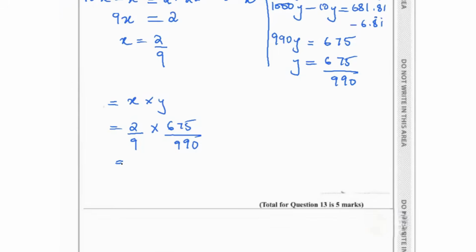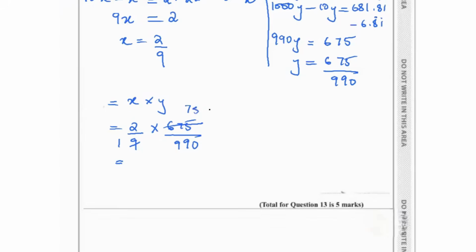675 can be divided by 9 because when you add the numbers 6, 7, and 5, that gives us 18, which means it is divisible by 9. So 9 ones are 9, and this is going to be 75 because 63 comes in the 9 times table, and that's 45.